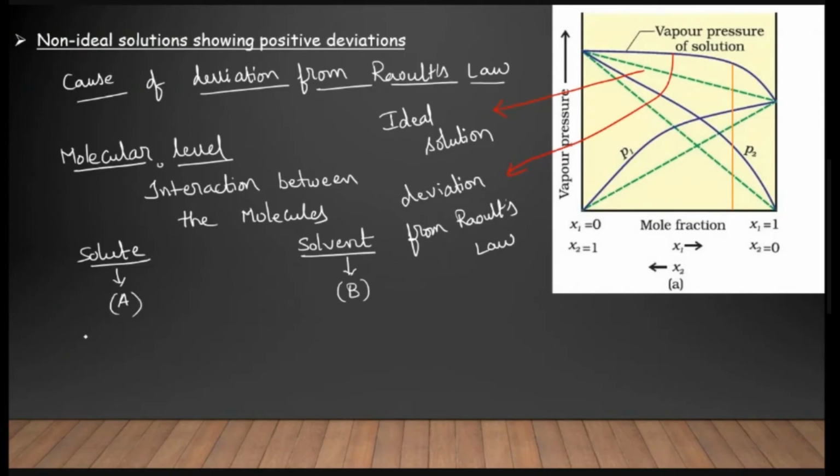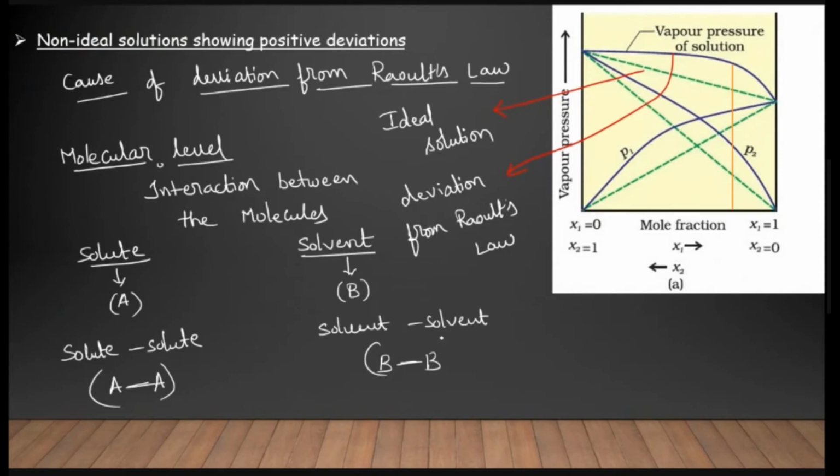Generally when you take a solute, you have a solute-solute interaction, that is, a solute bond, which I'll write as A and A. Similarly, you have solvent-solvent bonds, which I'll write as B. Before mixing, they exist in this form.